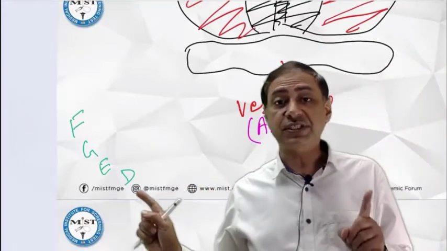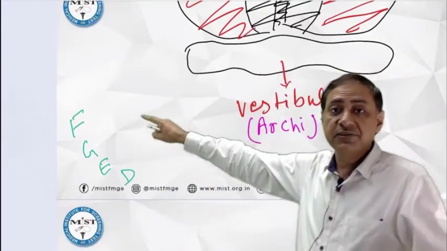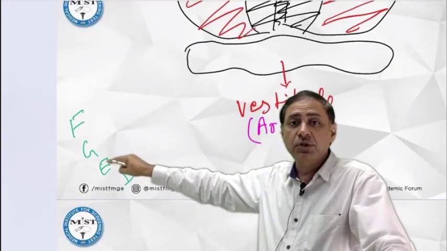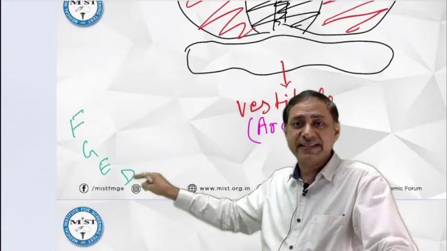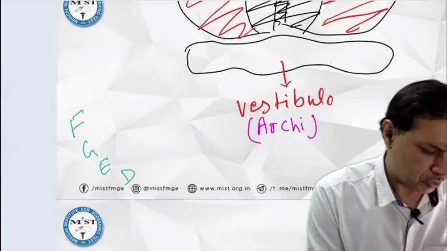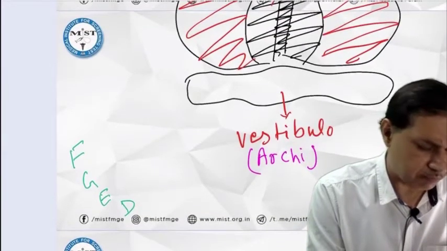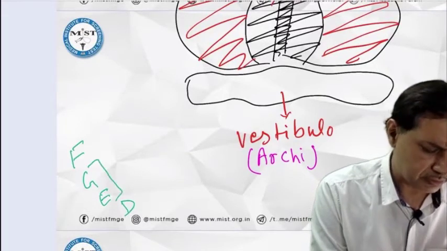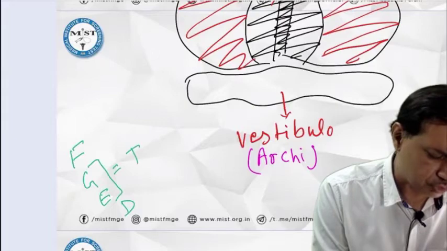These are the four deep cerebellar nuclei. Globosus plus emboliformis is known as interpositus.